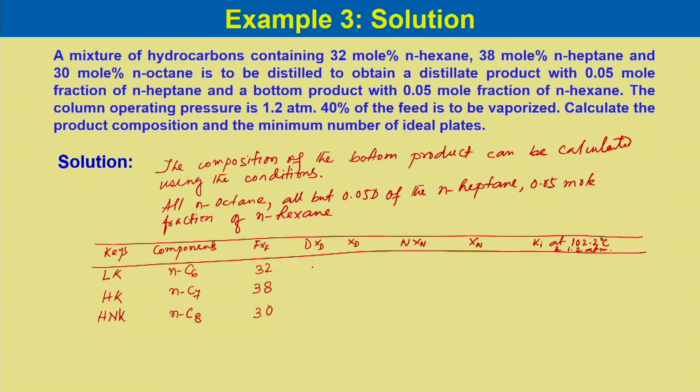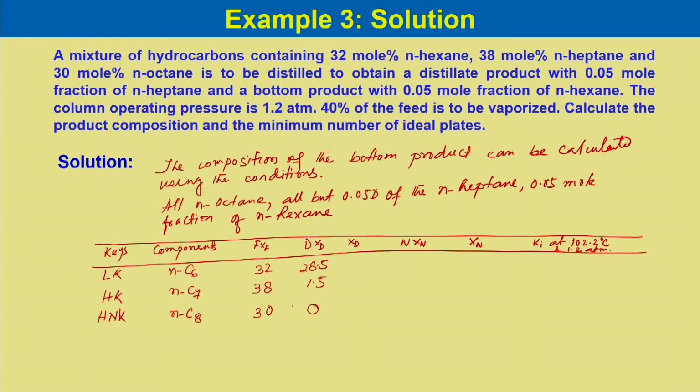So, DXD we have calculated from the material balance equation, which is 28.5 for the light key, and for the heavy key it is 1.5, since the heavy non-key is only present in the bottom.